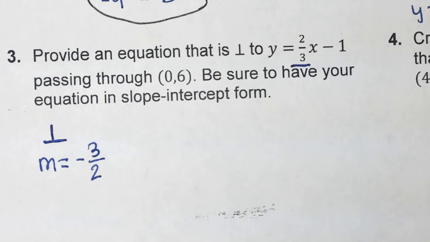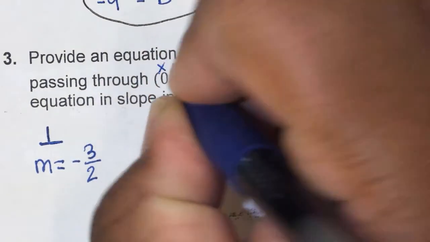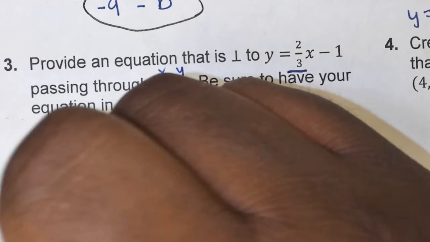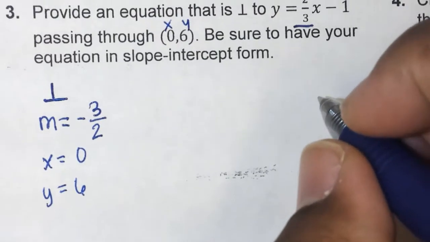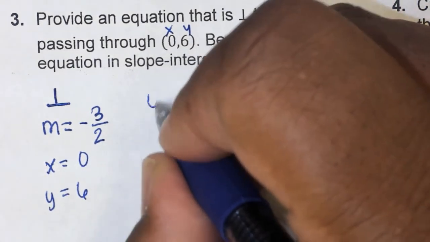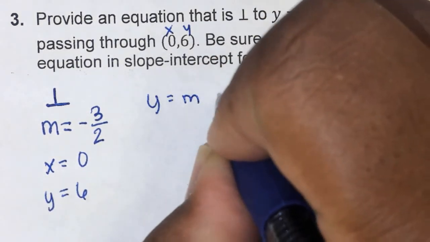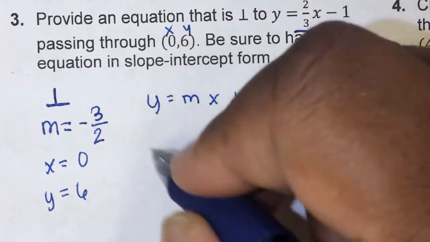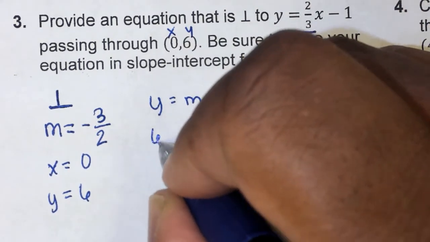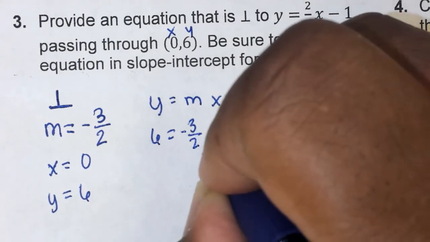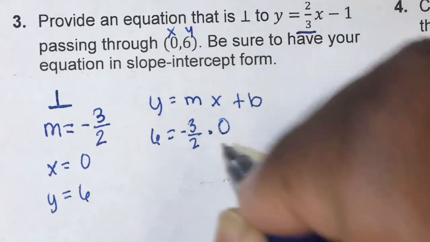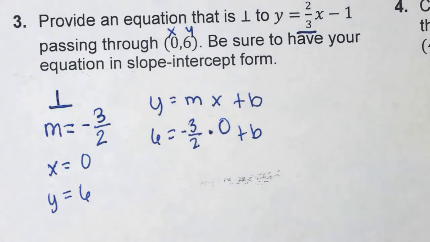After that, x and y. X is 0, y is 6, and then you're doing y equals mx plus b. This one's quick. Y equals mx plus b, so 6 equals negative 3 over 2 times 0 plus b. Lucky for y'all, this one happens quick.